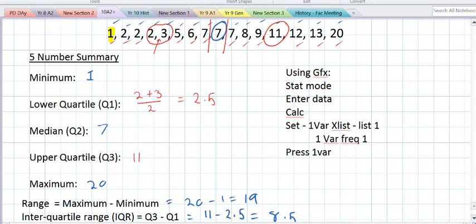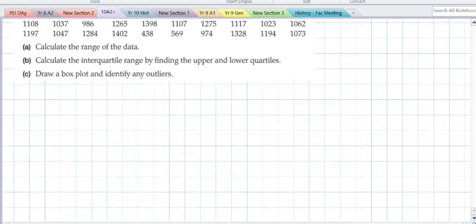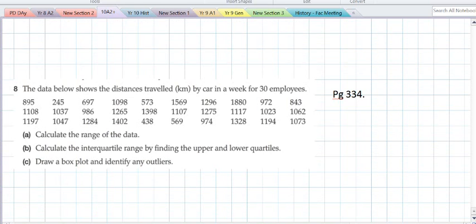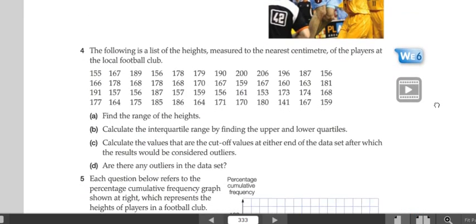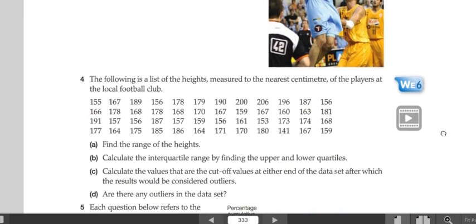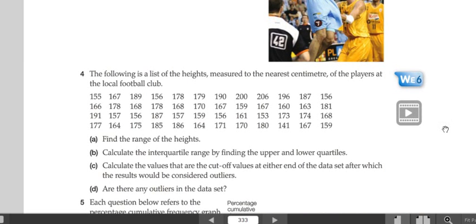Now, what I would like you to do is to look at this data here. In the textbook, there are lots of questions like this.